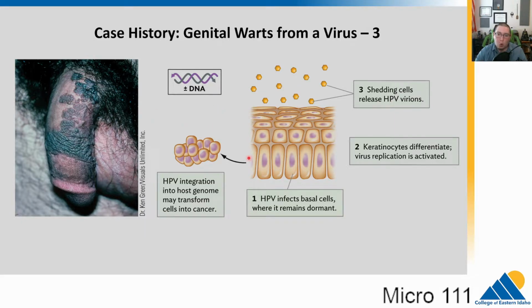This can lay dormant in these basal cells, but they can be activated and turn into keratinocytes, which are these thicker cells here. And in the process, the cells can release the HPV virions after this. So this is a common way that it gets transmitted.